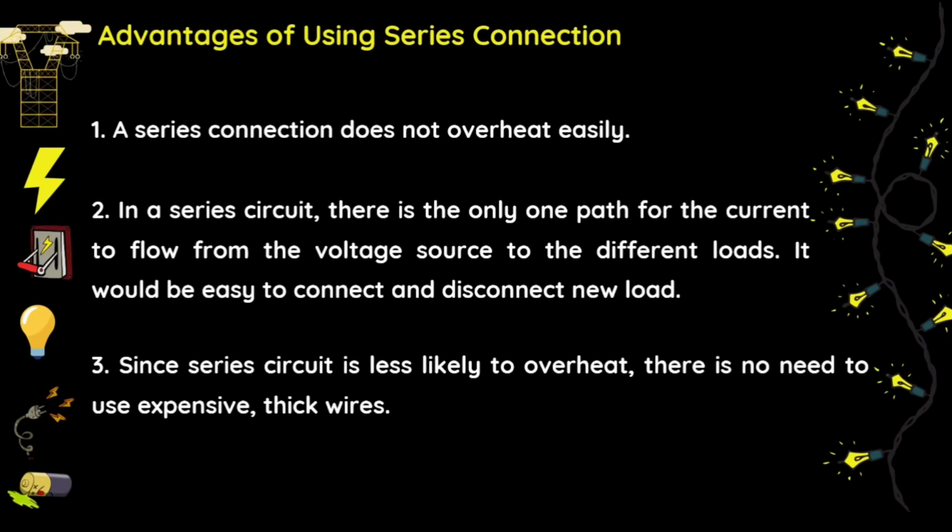Since a series circuit is less likely to overheat, there is no need to use expensive or thick wires. So if you have Christmas lights in your home, try to look for the type of wire that is used for Christmas lights. They use thin wires which are not expensive.